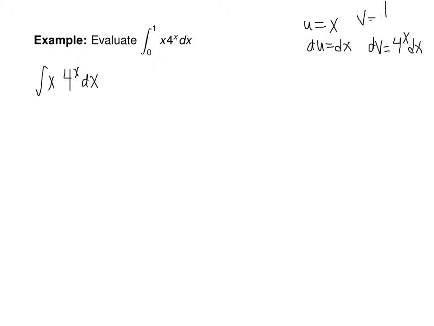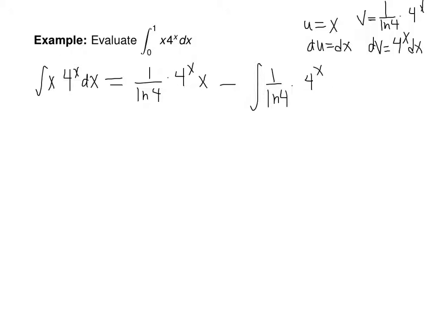And it is 1 over ln of 4 multiplied by 4 to the x. So we'll have 1 over ln 4 times 4 to the x multiplied by regular old x minus the integral of 1 over ln 4 times 4 to the x dx.